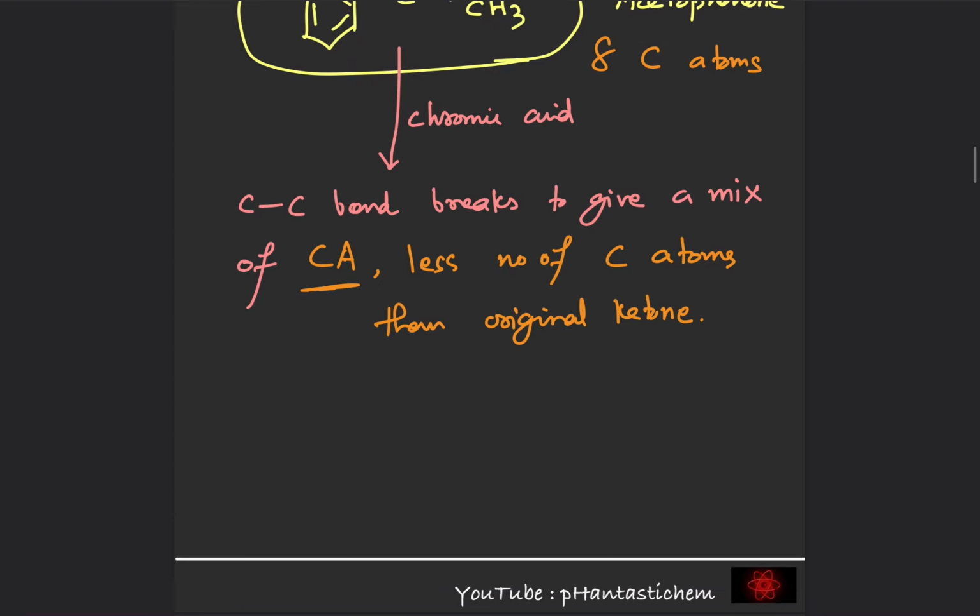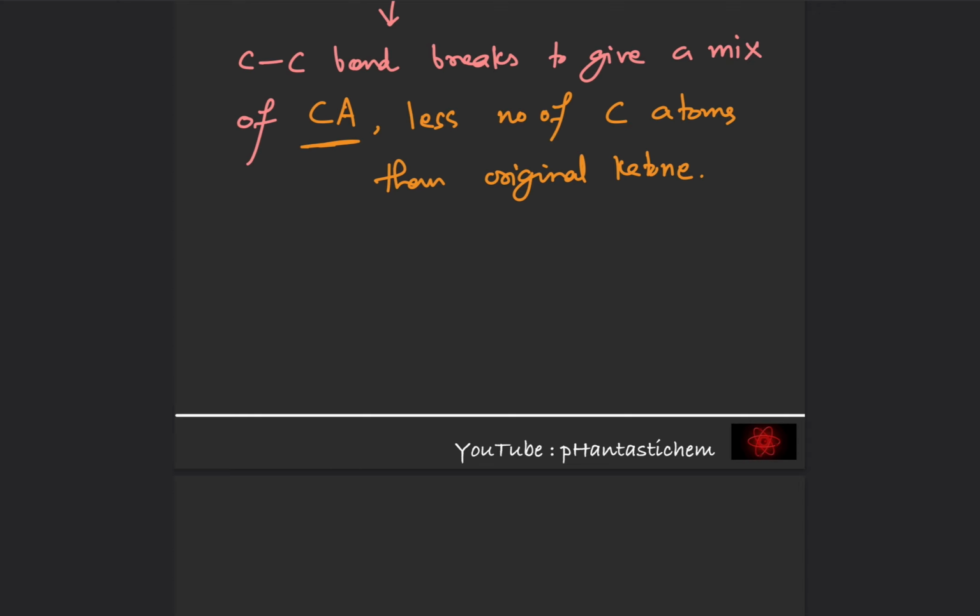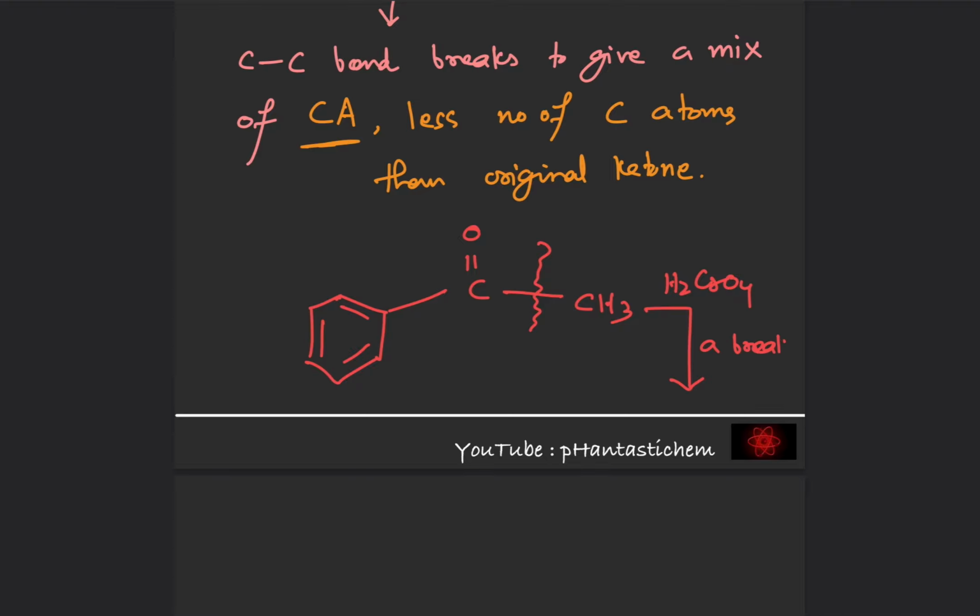We'll see the product. So let us write down our ketone, which is C double bond O, CH3 and benzene ring. So let's say we are reacting it with H2CrO4, chromic acid, and let's say A breaks through this path, and B breaks through this path.